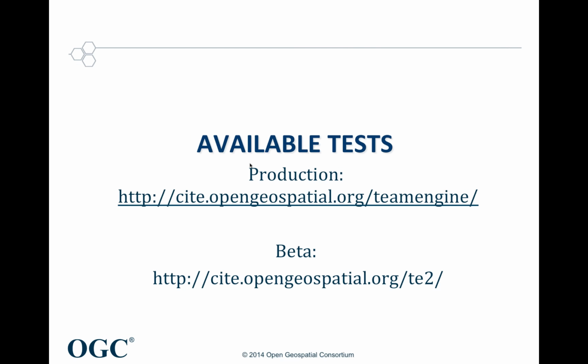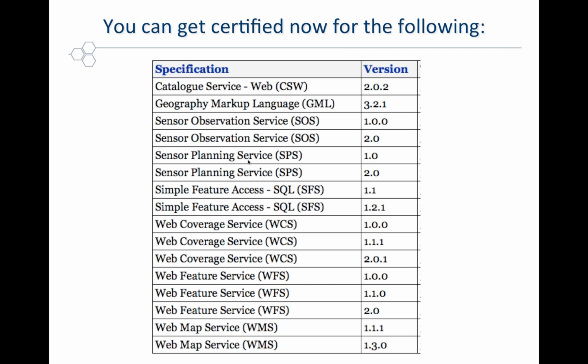We have available tests on what we call the production website and also the beta website. In the production website, you will see all the different standards that we have tests for and that you can get compliance certification for.